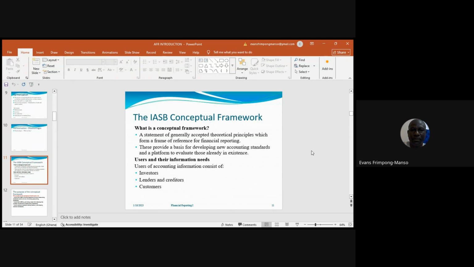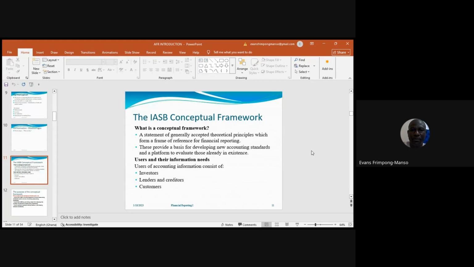They promulgated or made the conceptual framework. And the current conceptual framework, I think, is the 2018 version that we are still using.